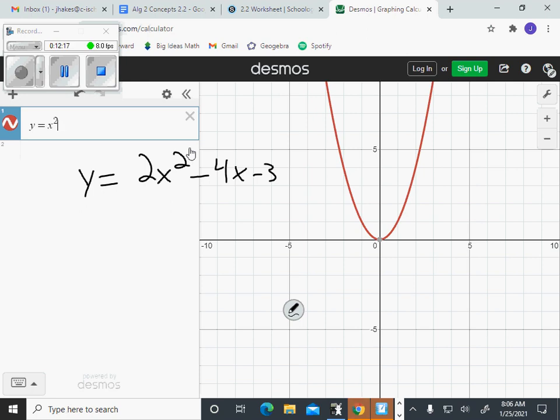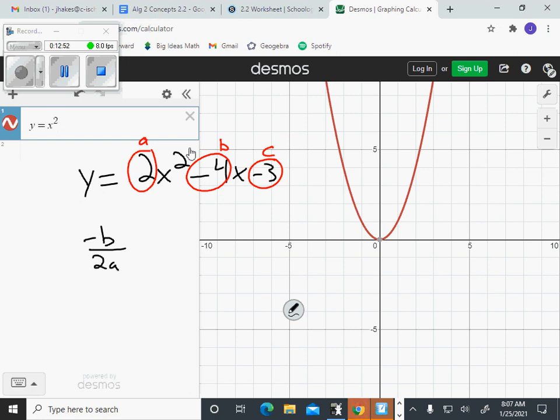To find the vertex of this graph, these are labeled. The number out front is A, this second number is B, and the third number is C. So the 2 is A, the 4 is B, and the 3 is C. Or actually, sorry, 2, negative 4, and negative 3. To find the vertex, we use this formula: negative B over 2A.